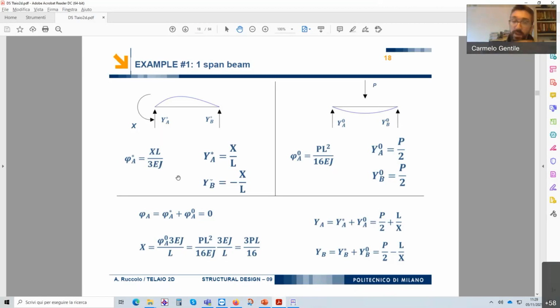Similarly, in any case, the deformation and the displacement always depend on the distribution of stiffness, because stiffness is how to translate a force into displacement.